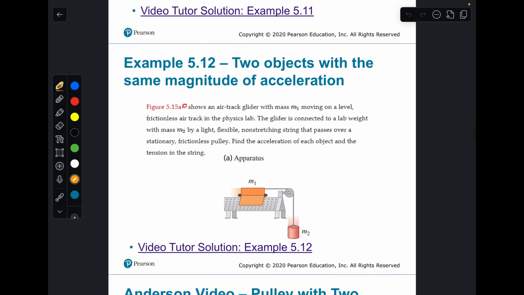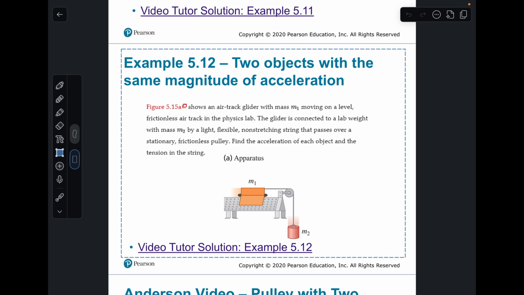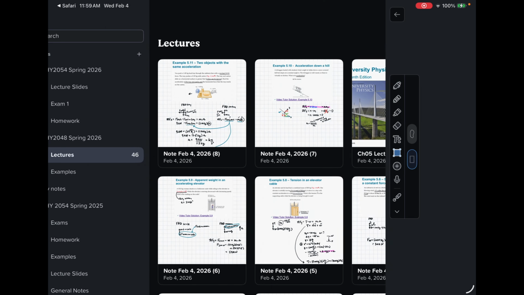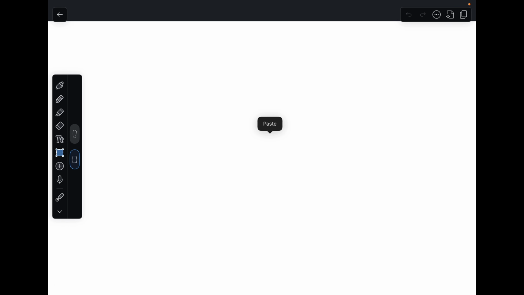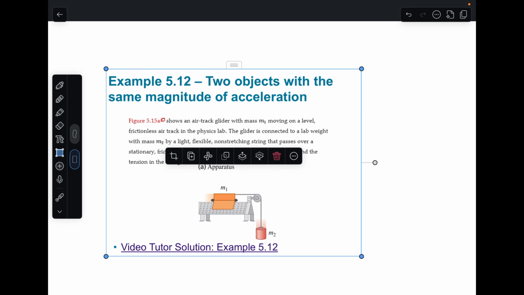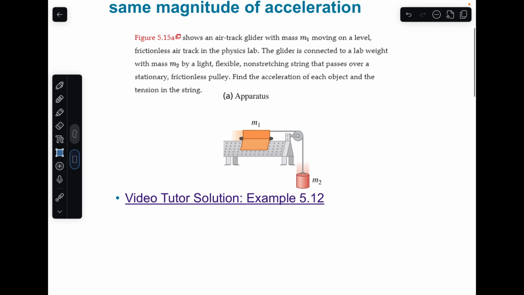So now let's do some pulley problems. Two objects moving with the same magnitude of the acceleration. So we have an air track glider with mass M1 and it's moving on a frictionless air track. The glider is connected to a weight of mass M2.